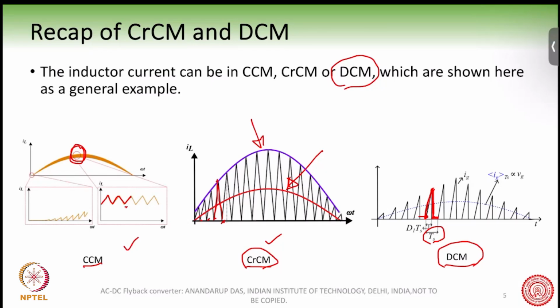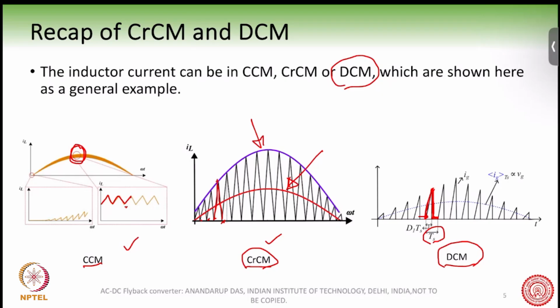Okay. Now this particular operation of AC-DC flyback converter under DCM has been explored, and people have found that it is particularly advantageous for many aspects, which we will see.